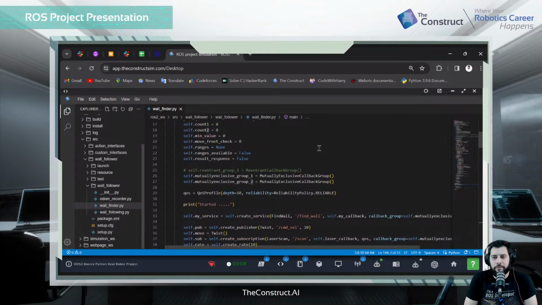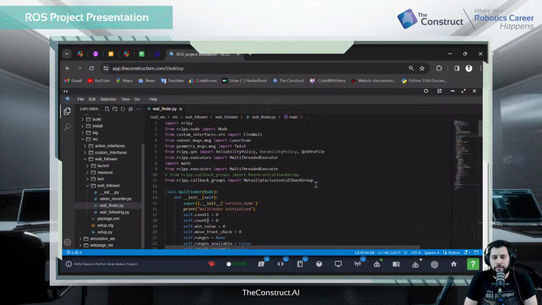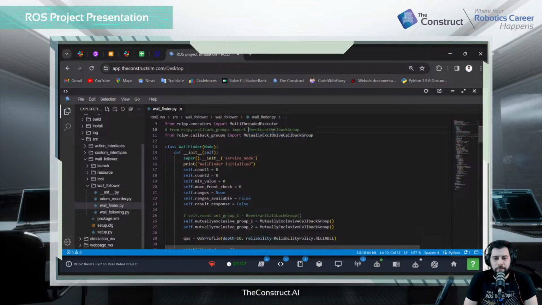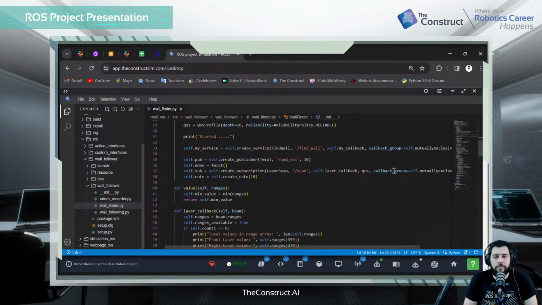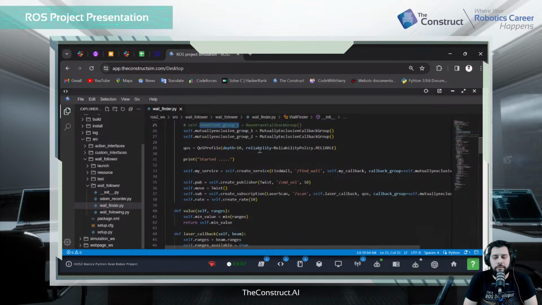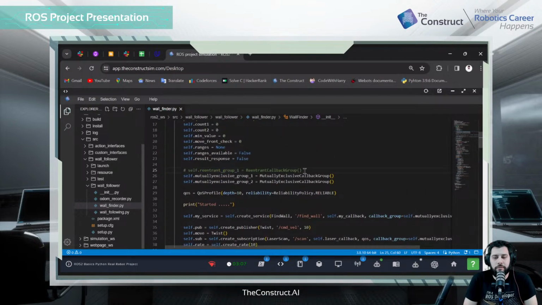Again, for these callback groups, we have two types. One is the reentrant callback group, which I have commented here, and another is the mutually exclusive callback group. For the reentrant callback group, we can create only one group, as you can see here, reentrant group one, and we can use this group for multiple callbacks. In this case, I can take both my service callback and my laser callback, so it can deal with both callbacks simultaneously.